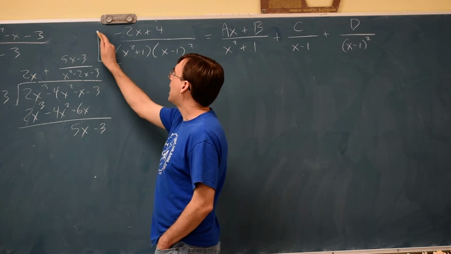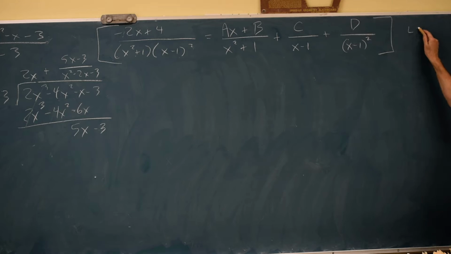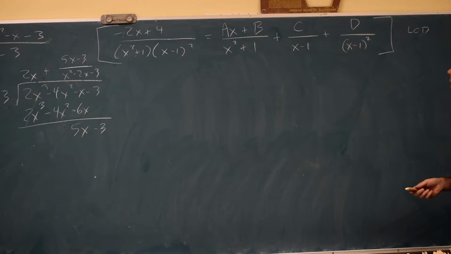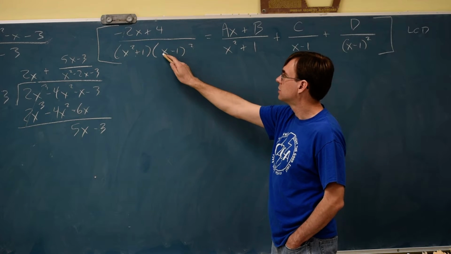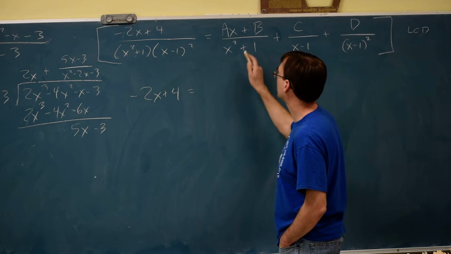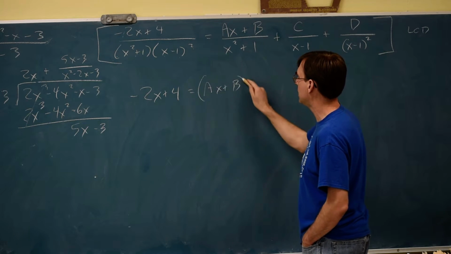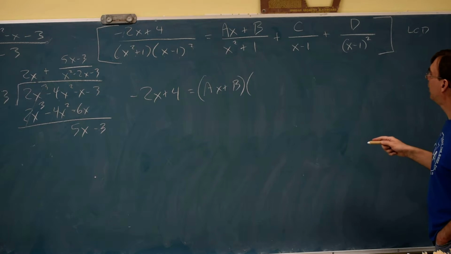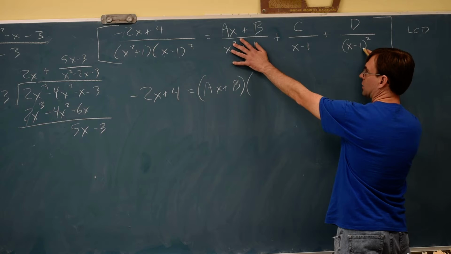Then we do the same kind of thing we were doing before. We would try to multiply everything by the common denominator. By common denominator, I mean all of this stuff. So in this fraction, the top is left unchanged. For this fraction, the ax plus b would multiply this item, because this would get canceled.